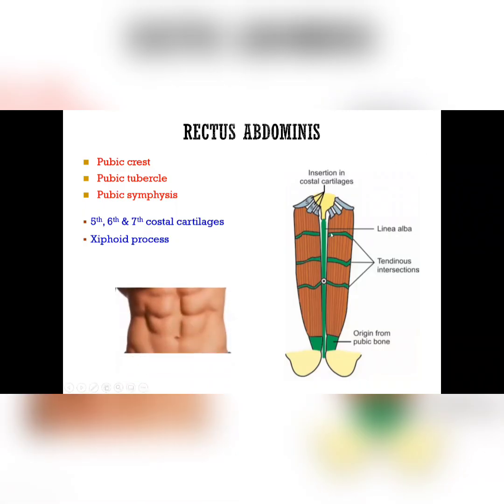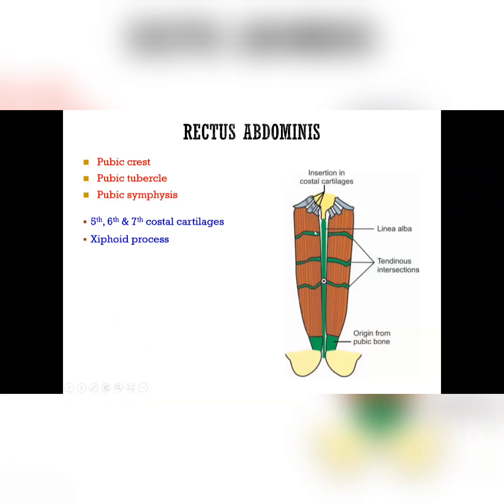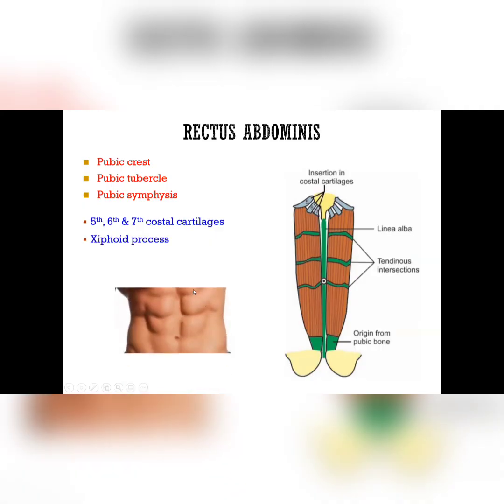And the tendinous intersections that I told you about, there are 3 tendinous intersections for rectus abdominis at the level of xiphoid process, at the level of umbilicus, and in between the 2. That tendinous intersection is what helps to form the appearance of the 6-pack.